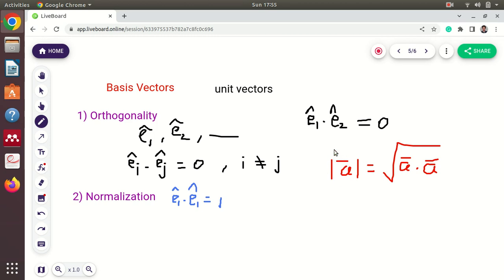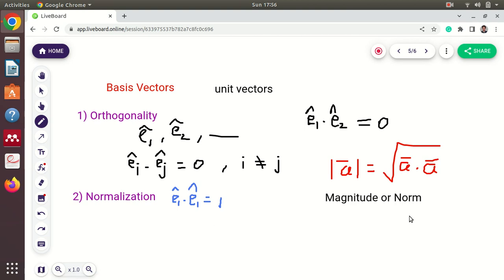This is the dot product of a vector with itself, and we have taken the square root because if I multiply a and a, this will become a square, so I have to take a square root. So this is called the magnitude or norm, and from this word norm we have the normalization process or property.